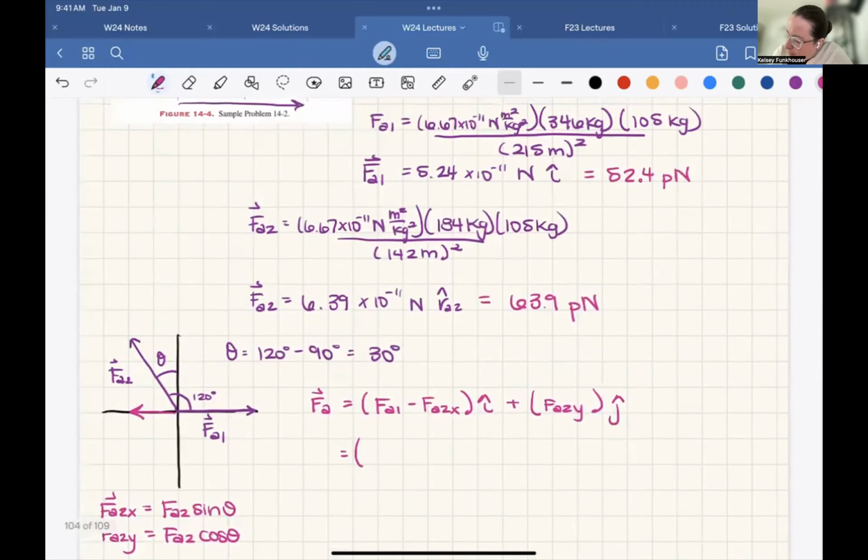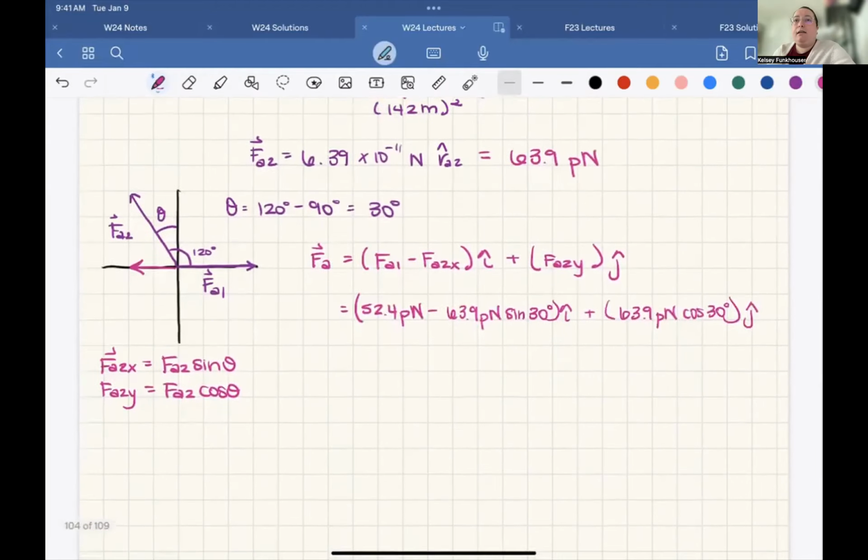So the force from asteroid 1, 52.4 piconewtons minus force from asteroid 2, 63.9 piconewtons times sine of 30 degrees. And that's I hat, and then J hat is just 63.9 piconewtons times cosine of 30 degrees J hat.